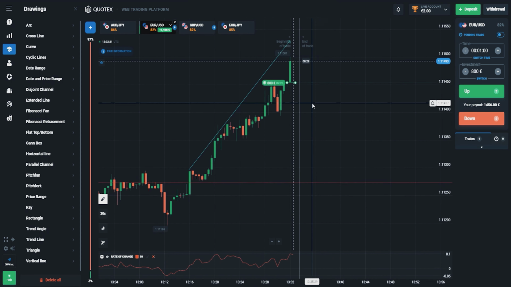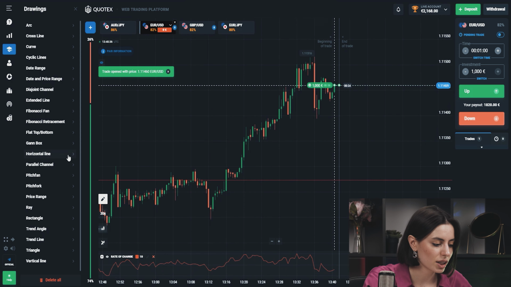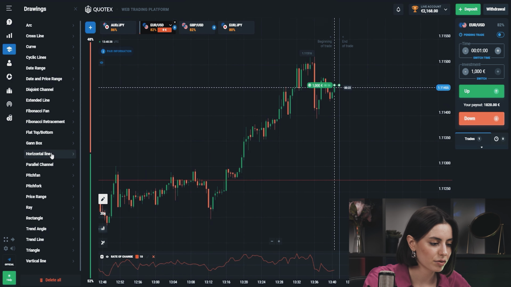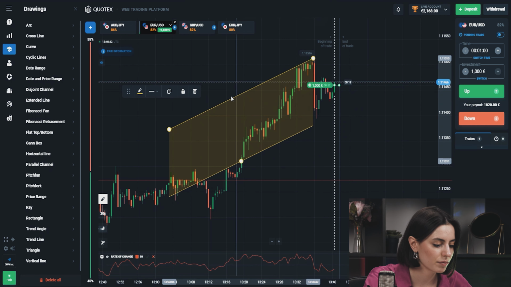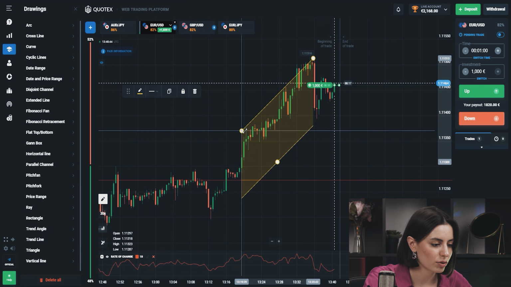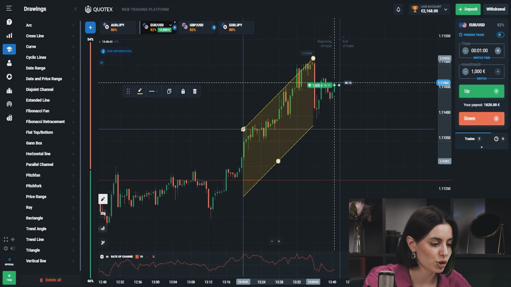Quite an interesting situation again. I'll make a bet for up, although it's not so obvious at first glance. But for your understanding and clarity, I'm gonna draw a parallel channel, and this is how the graph moved a few minutes ago, and we can add the second one, like with the arcs.